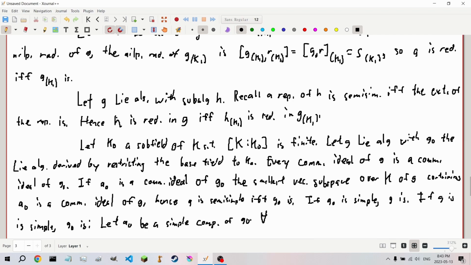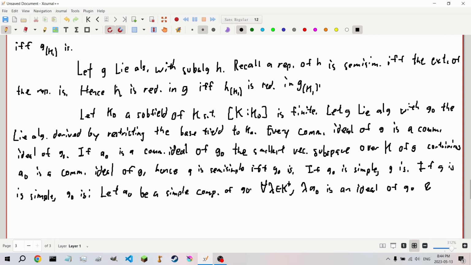For all lambda in the multiplicative group of K, lambda A naught is an ideal of G naught, and the bracket of A naught with lambda A naught is lambda of A naught and A naught is lambda A naught, which is non-zero.